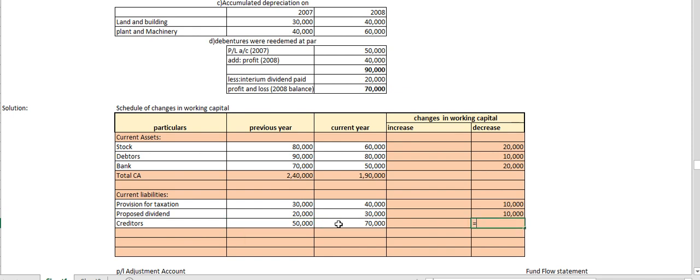So 70,000 minus 50,000, you get 20,000. So the total of your current liabilities is $1,00,000 for the previous year, and for the current year it is 1,40,000.